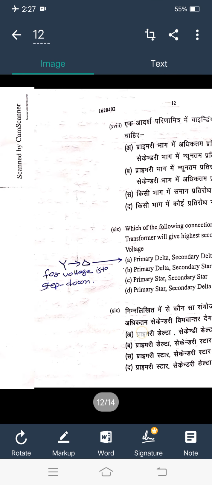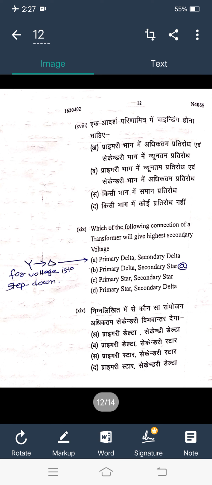Question number 19. Which of the following connections of a transformer will give the highest secondary voltage? Here, delta to star connection gives the highest secondary voltage.